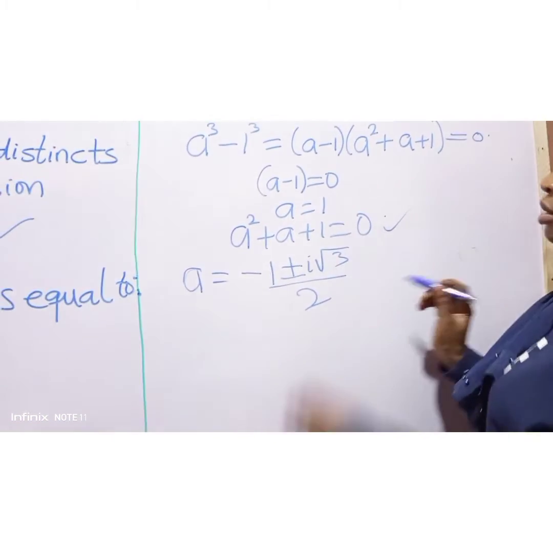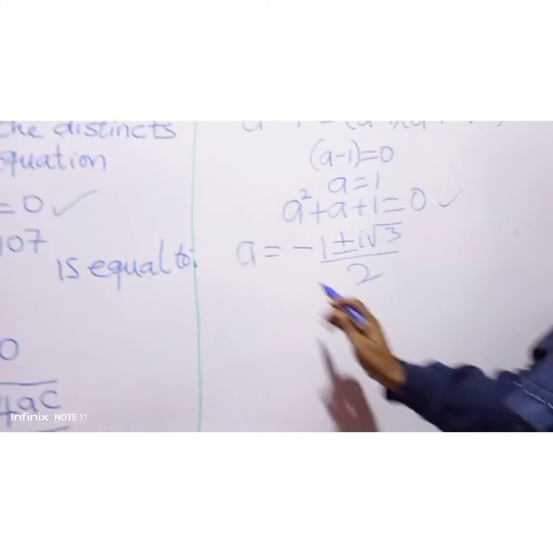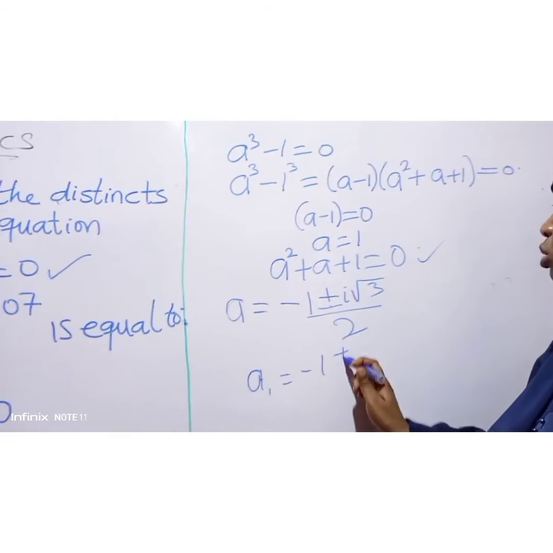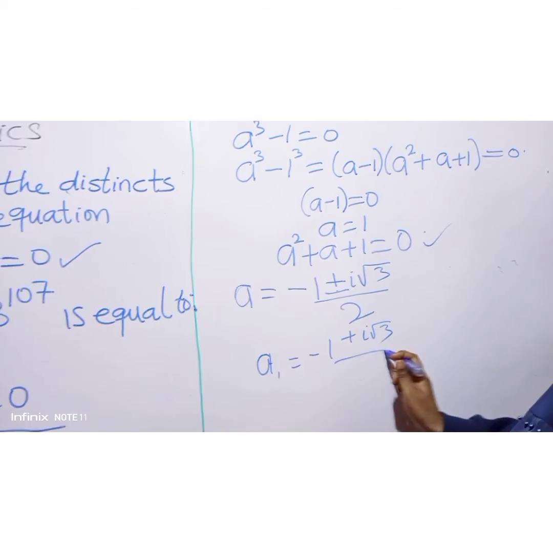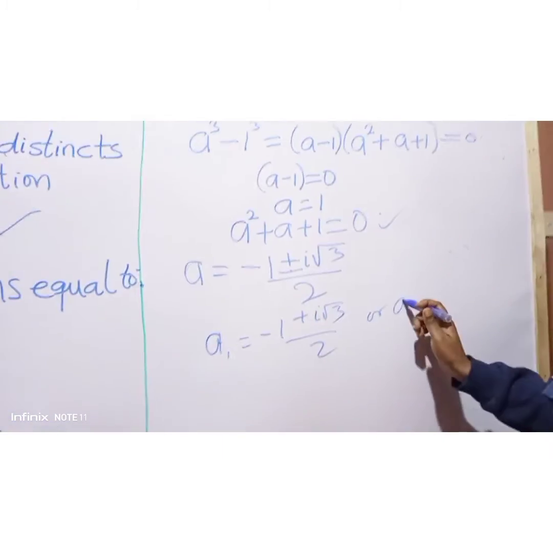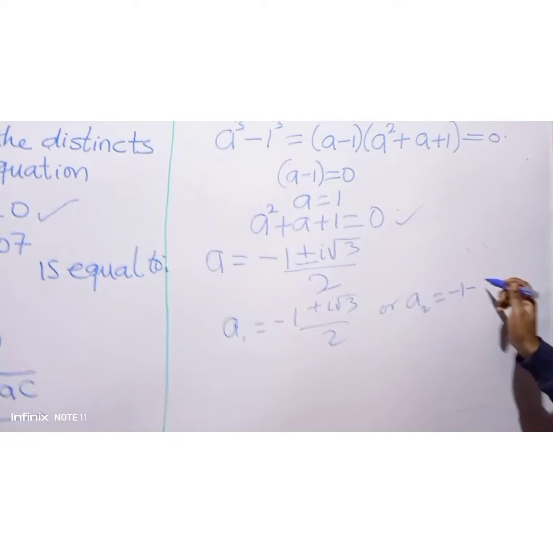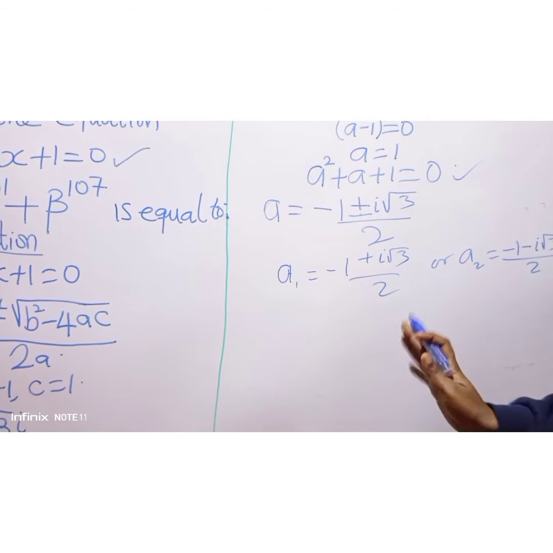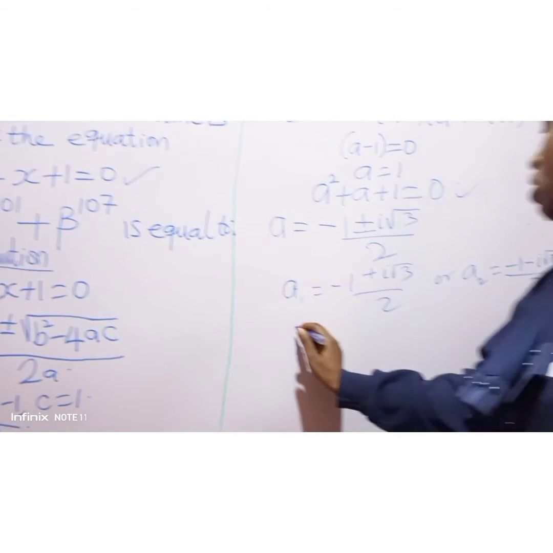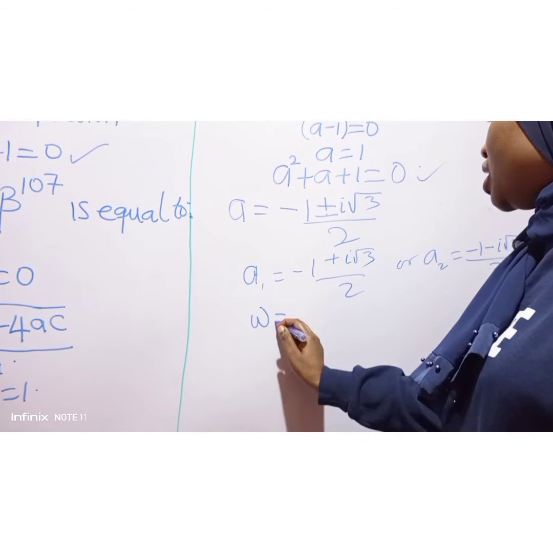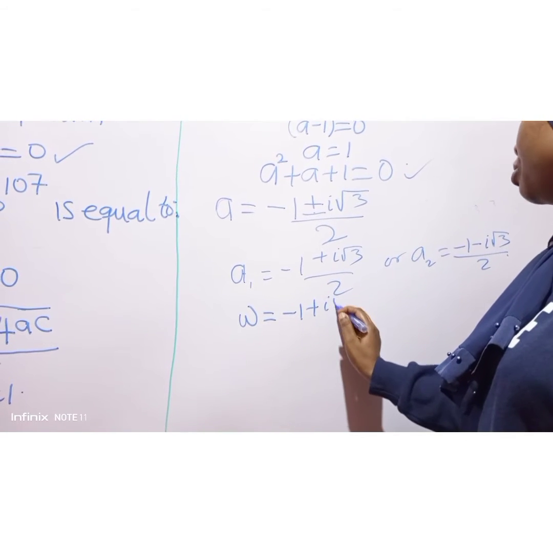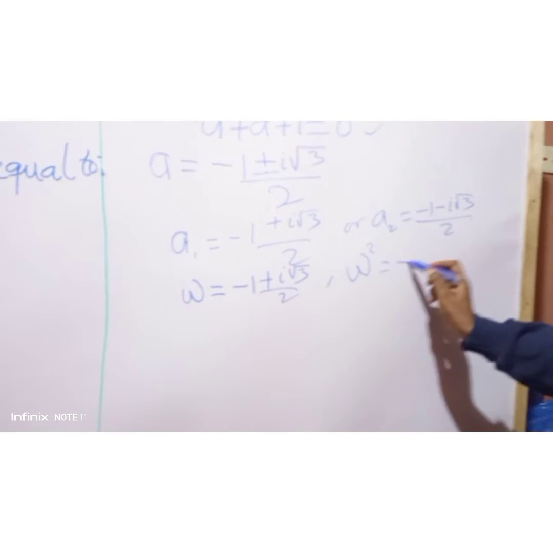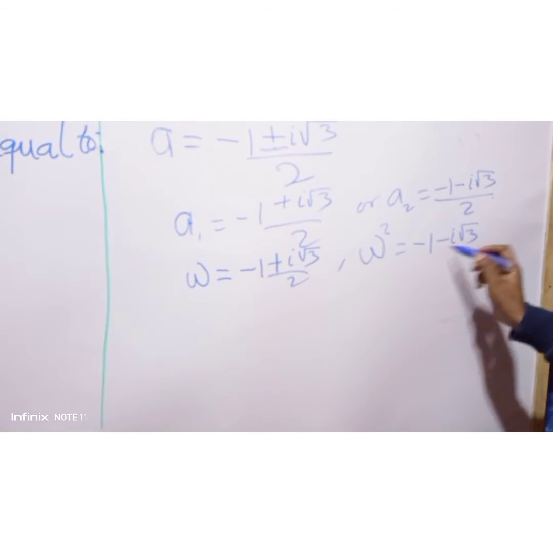So they take this to be a1 is equal to minus 1 plus i root 3 over 2, or a2 is equal to minus 1 minus i root 3 everything over 2. So in these cube roots of unity, they call the roots omega. Omega is equal to minus 1 plus i root 3 over 2, and omega squared is equal to minus 1 minus i root 3 over 2.